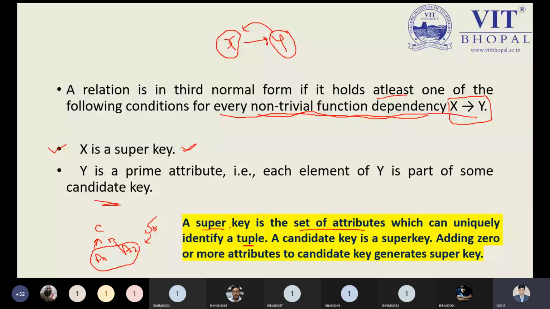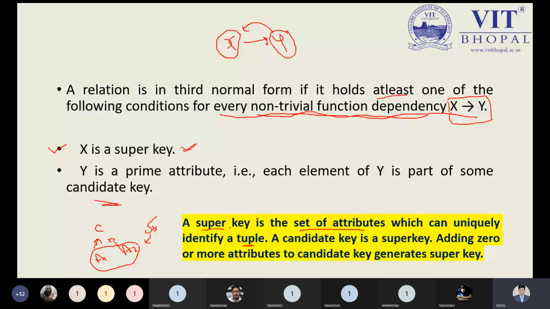It means we can find or identify which attribute will be the candidate key from the super key or set of attributes. But how to identify? By adding zero or more attributes to a candidate key, we generate the super key. So in a candidate key, you can add one or more attributes, then you can make a super key.